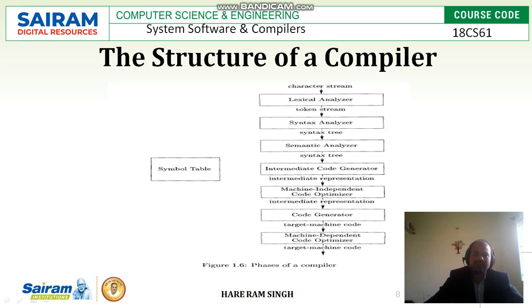In all these phases, the compiler will also use a symbol table for different purposes, for storing different values, variables or identifiers present in the character string.